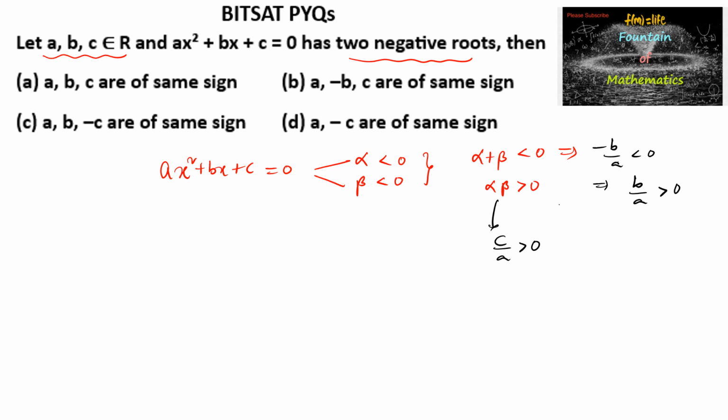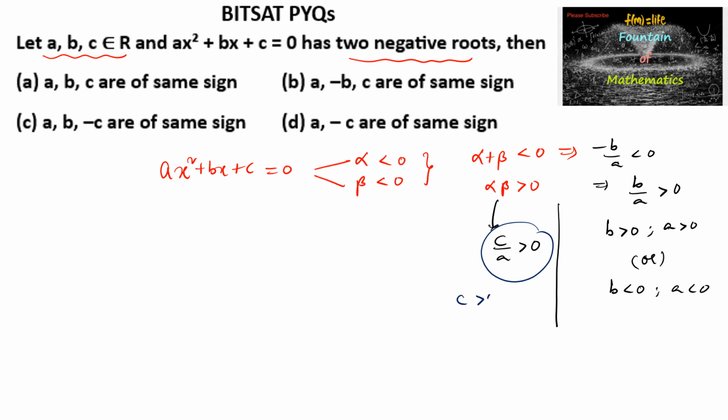So in these two cases either b is positive and a is positive, or b is negative and a is negative. And since c upon a is positive, either c is positive and a is positive, or c is negative and a is negative.